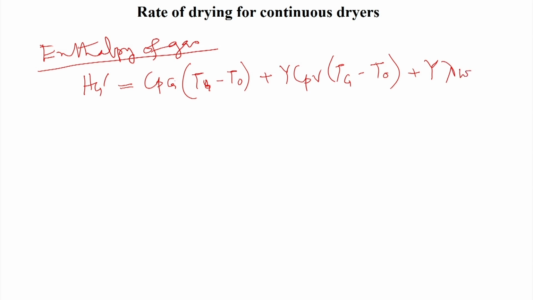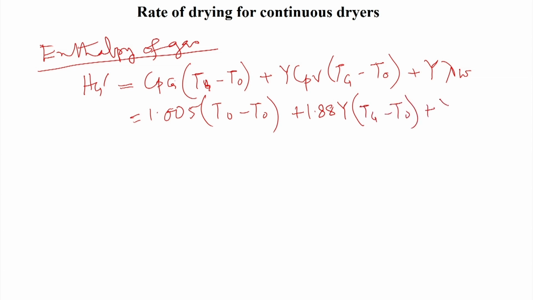Here Cpg is equal to 1.005 into (Tg minus T0) plus Cpv is equal to 1.88 into y into (Tg minus T0) plus y into lambda, that means y into 2500.